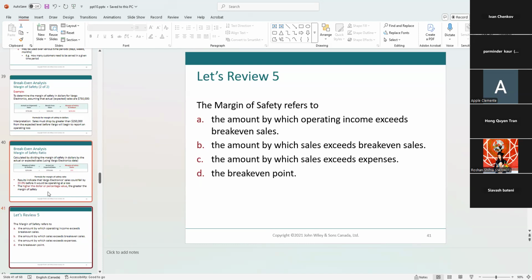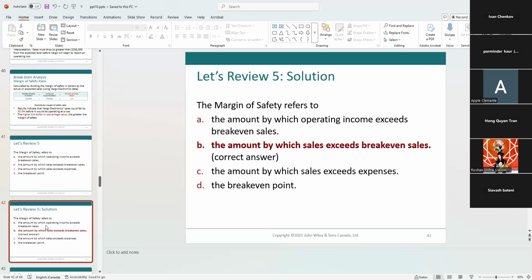Not operating income. Don't get snowed by the operating income. It's sales exceeding the break-even sales. Actual sales exceed the break-even sales.